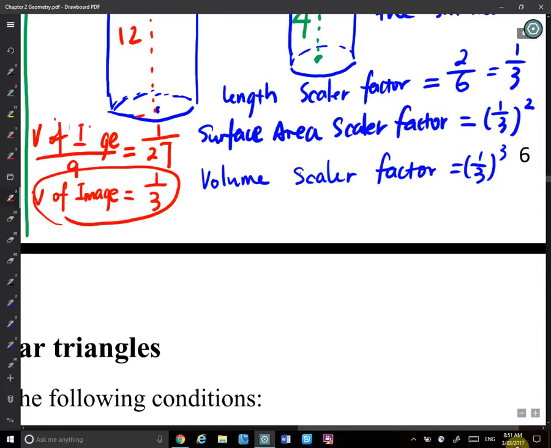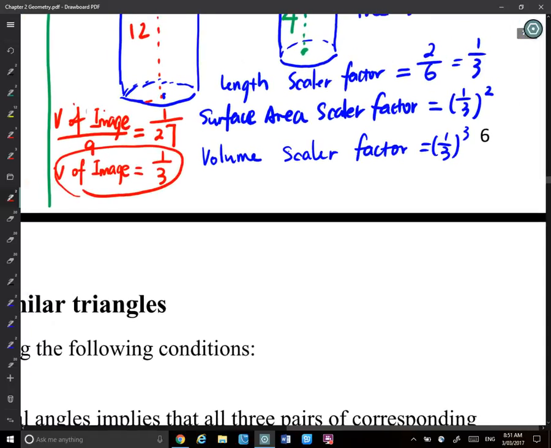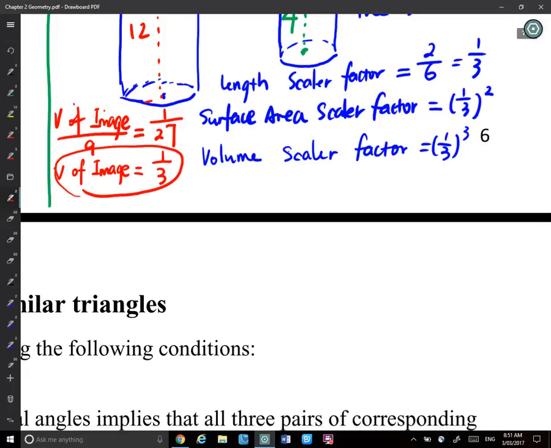So when you know the length factor, basically you know everything. Any question about this?